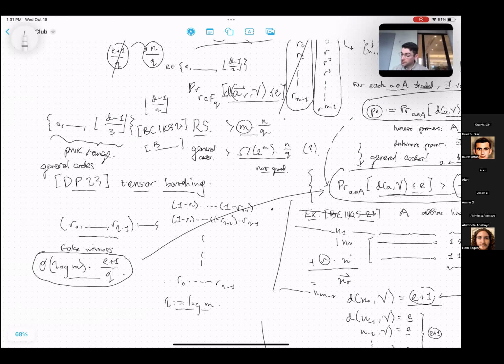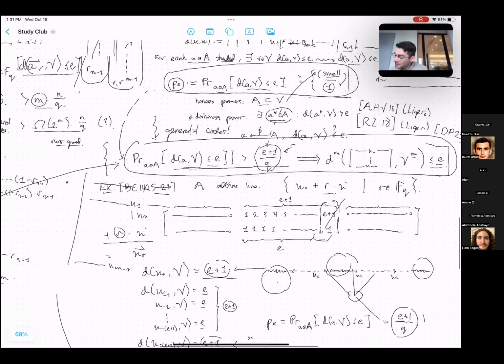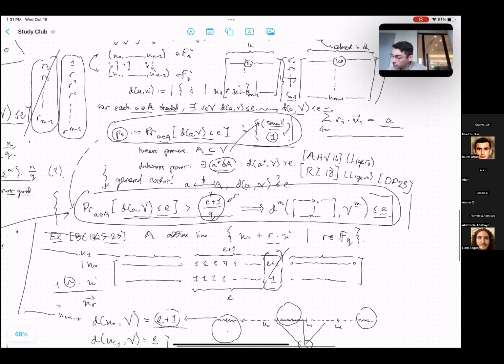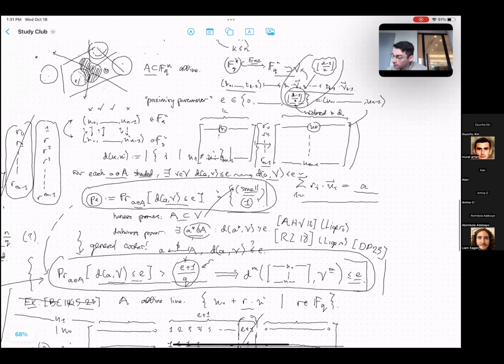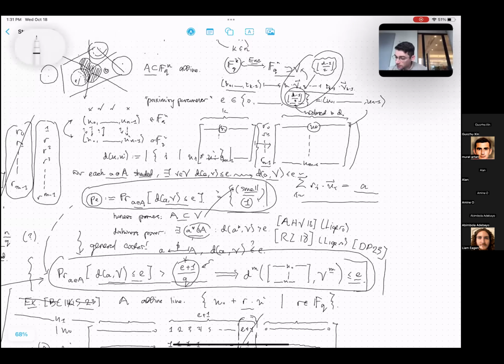And the point is that if somebody makes some fantastic result where you can improve this thing to work for, remember this whole thing here, if you can make this switch, then our result would inherit that, because our result for tensor batching is inheriting the parameters for affine lines.